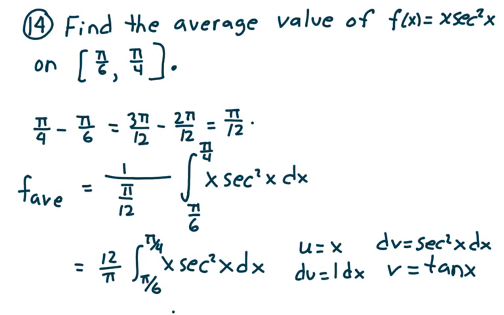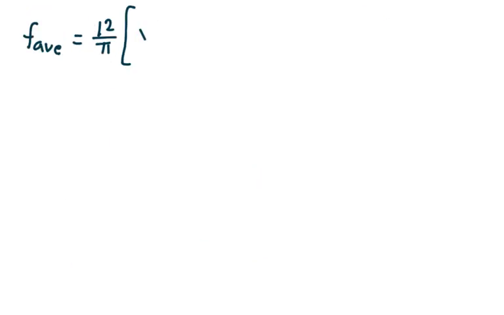So f sub av, the average value, is 12 over pi times the quantity. So I'm going to take x tangent x, and I'm going to evaluate it from pi over 6 to pi over 4. So the notation should look something like this, okay?